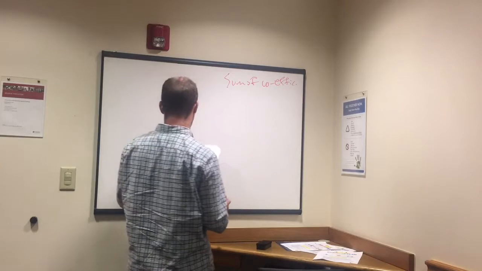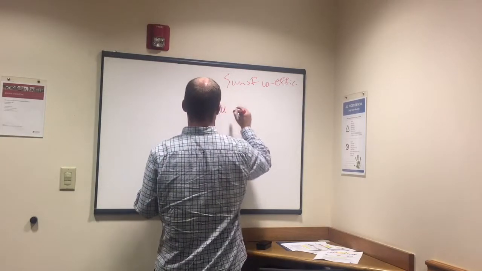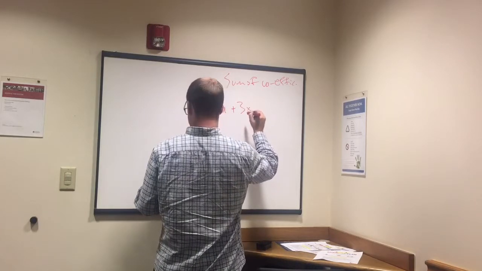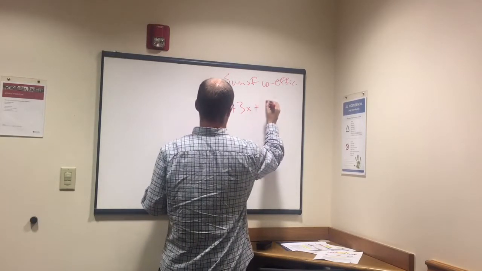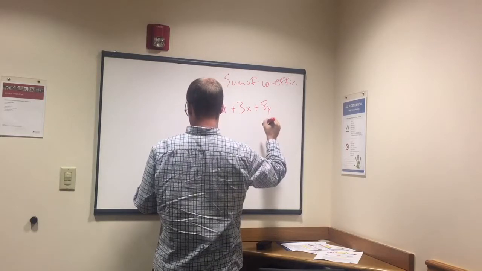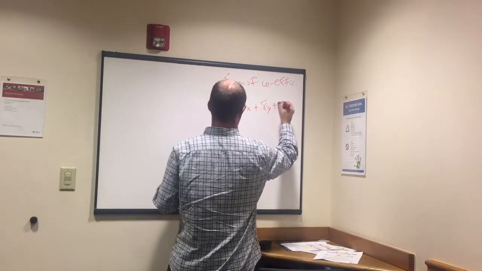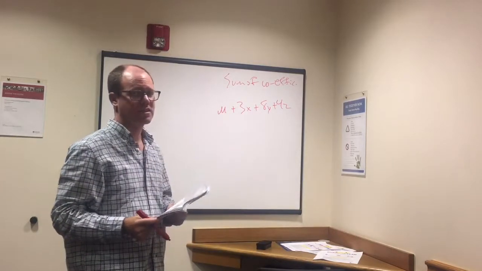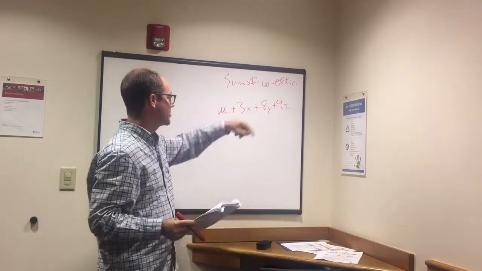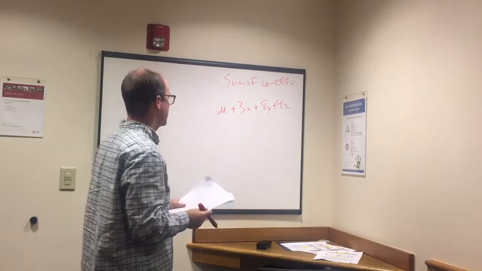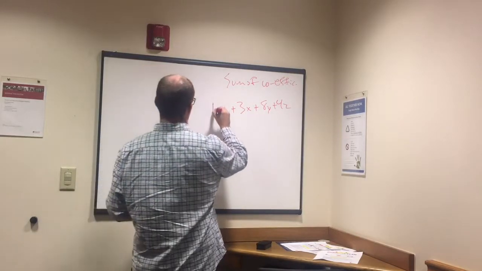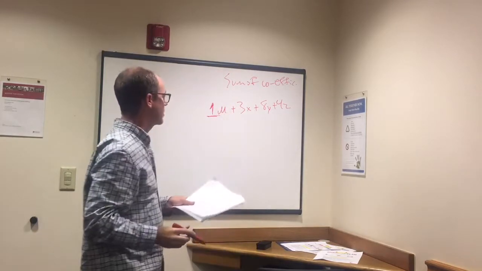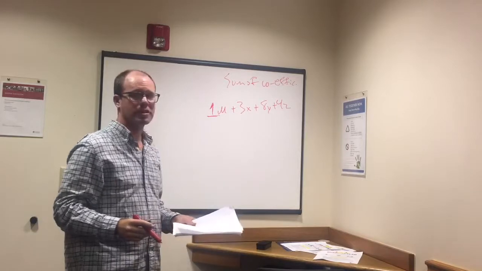So if you had u, the variable u, plus 3x plus 8y plus 4z, and they said, what is the sum of the coefficients? It's just the number in front of each of those variables, and add them up. That's all that means. With this u here, if it doesn't put a number there, that means 1. 1 and 1u are the same.